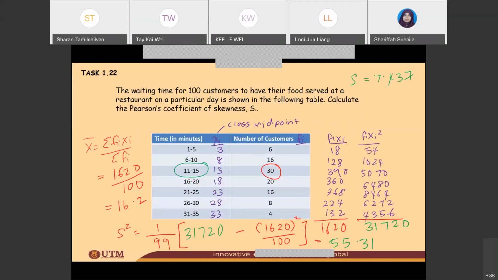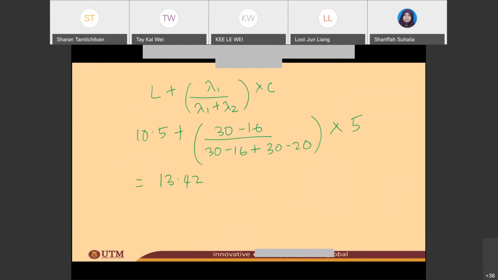Since we have mean and mode, the formula is mean minus mode divided by standard deviation. So 16.2 minus your mode, 13.42, divided by your standard deviation, 7.437.